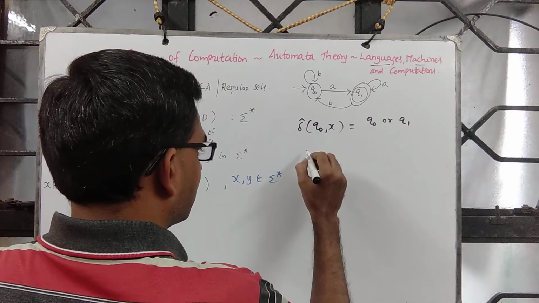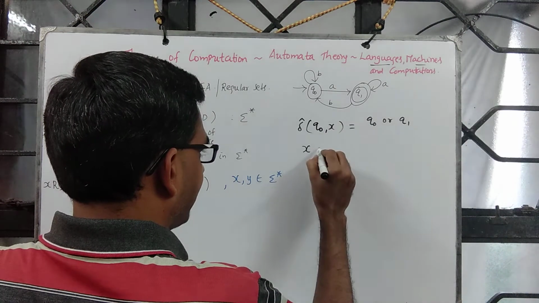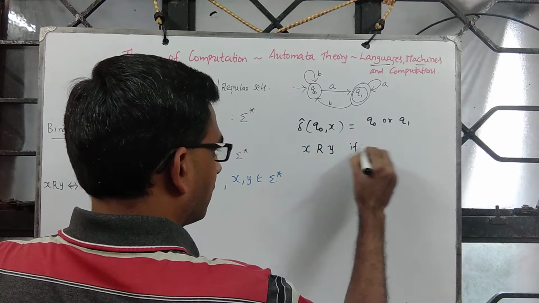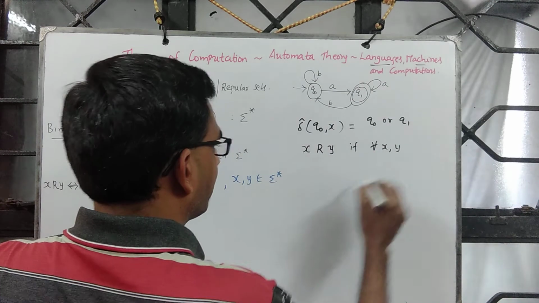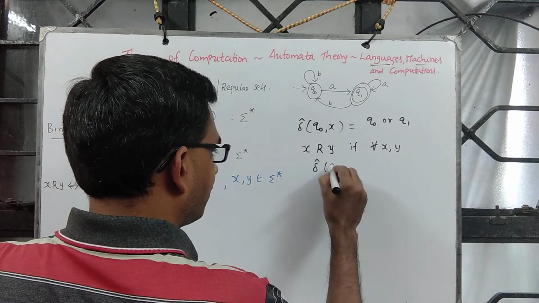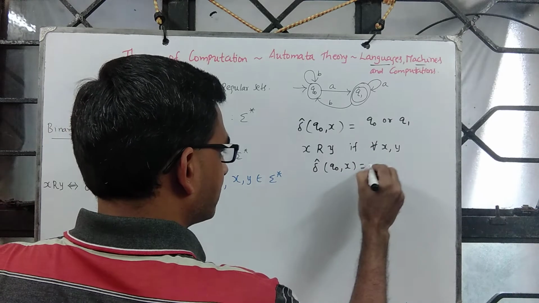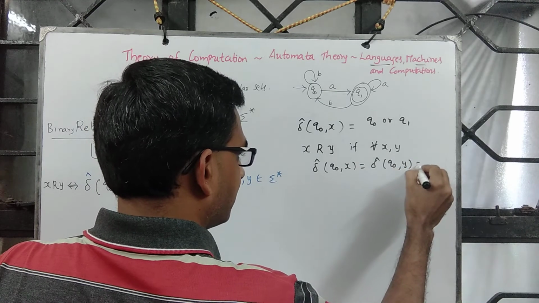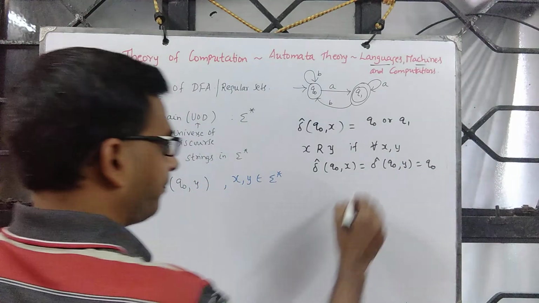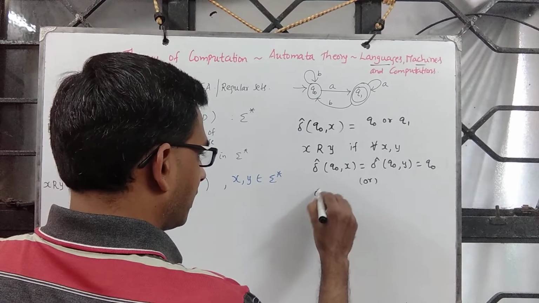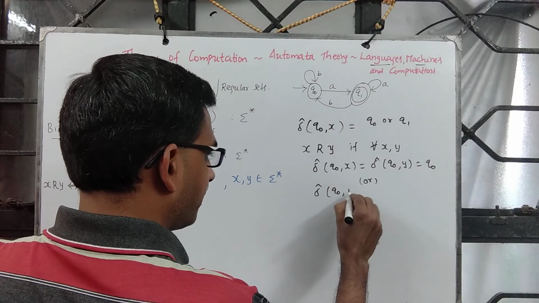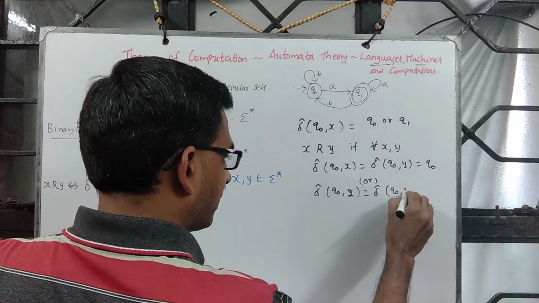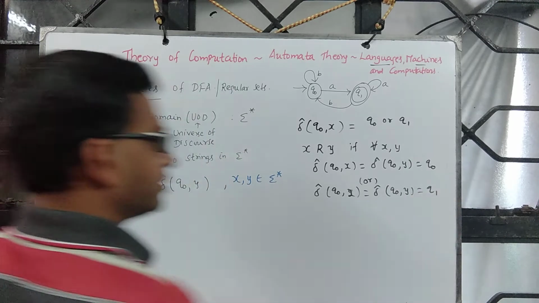So which means you say that x is related to y if for all x comma y, delta cap of q naught comma x is the same as delta cap of q naught comma y, which is the same as q naught, or delta cap of q naught comma x is the same as delta cap of q naught comma y, whose value is q1.